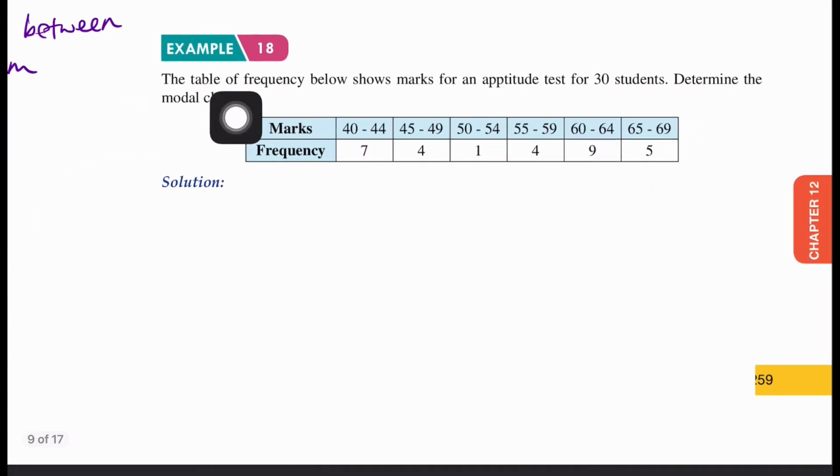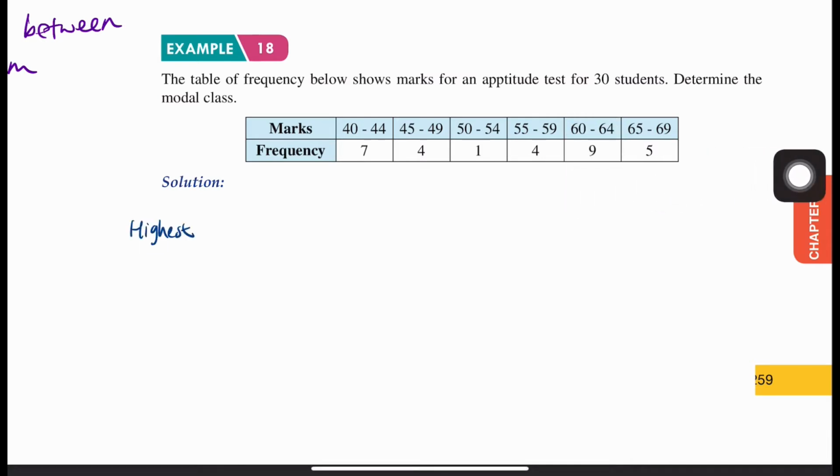The table of frequency below shows marks for an aptitude test for 30 students. Determine the modal class. So dia dah ada frekuensi di sini. Kita cari mana yang paling tinggi. Kita tulislah, highest frequency is 9.